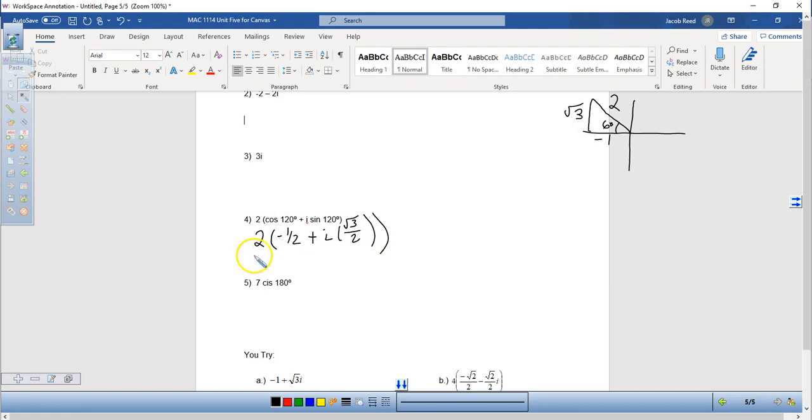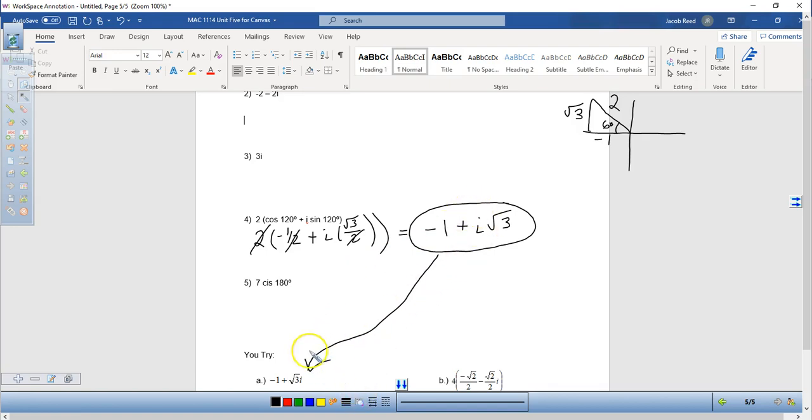Well, the great thing about this is that since this number matches my denominators, I can cross all the 2's off. That's going to give me negative 1 plus i square root of 3. Which is exactly why we are not going to work out this U-try problem right there. They are the same. So down here, this U-try problem is going to come out to be exactly what's here, 2 cosine 120 degrees plus i sine 120 degrees.